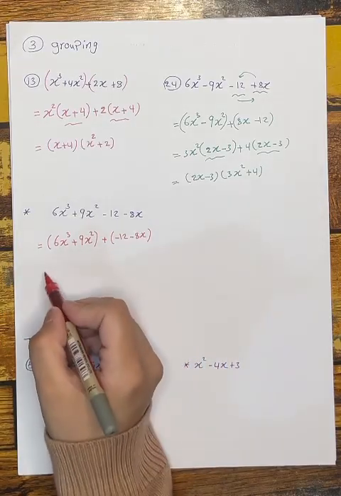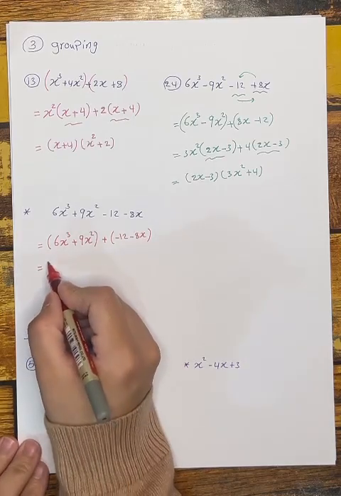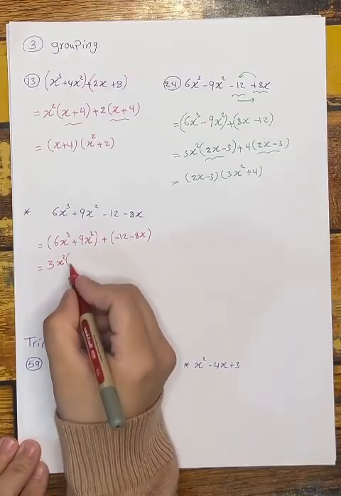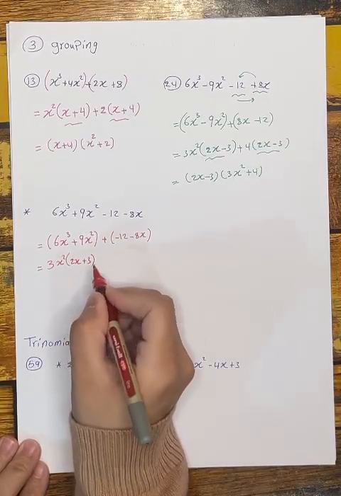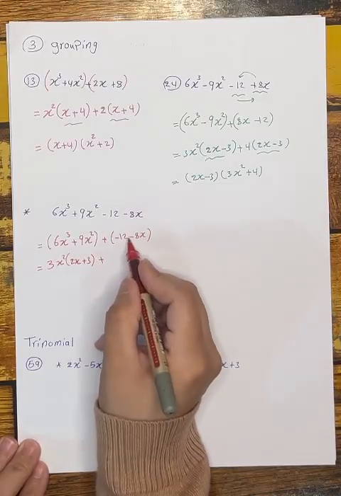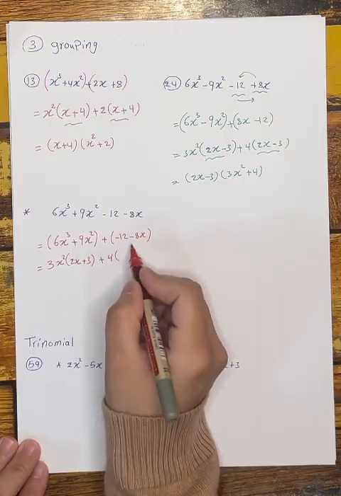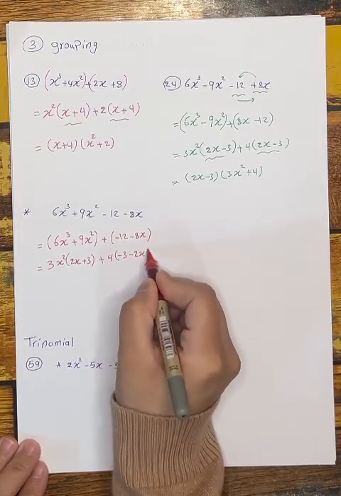Now a common factor between them will be 3x power of 2, so dividing will be 2x plus 3. Plus between them, a common factor is 4, will be negative 3 minus 2x.